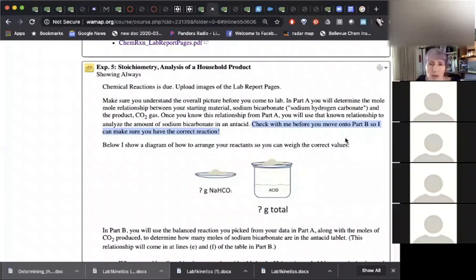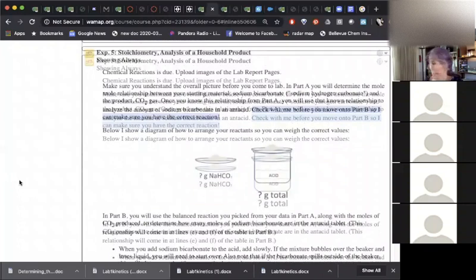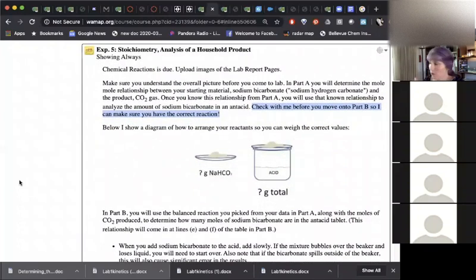There's some language about how to weigh things to get this, and you can see I drew a little diagram. In the lab video, I weigh out how much sodium bicarbonate I have to start with, and then I put it all together to figure out how many grams of reactants I have all together, including the glass.